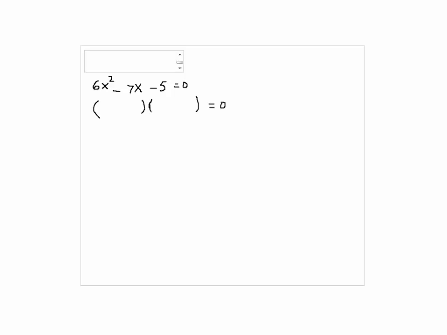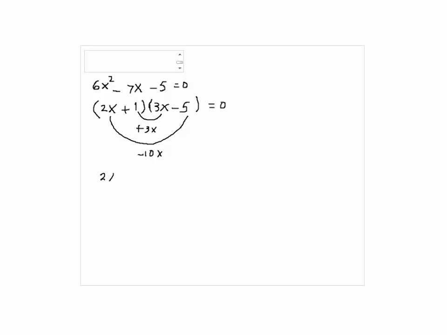Here we have 6x to the power of 2, we have 2x and 3x, that gives me 6x to the power of 2, and for minus 5, we have 1 and 5, and here we have 3x and 10x. You want to have minus 7, so this must be plus, and minus 10, we need minus 5 here to get minus 10.